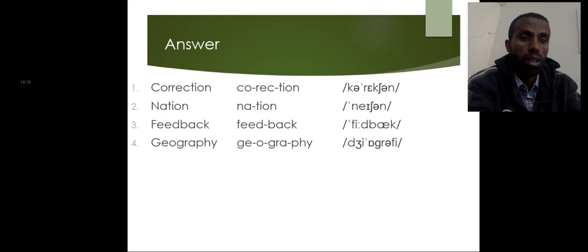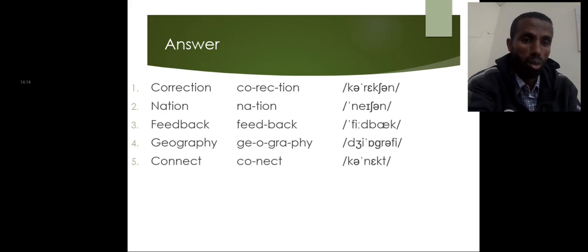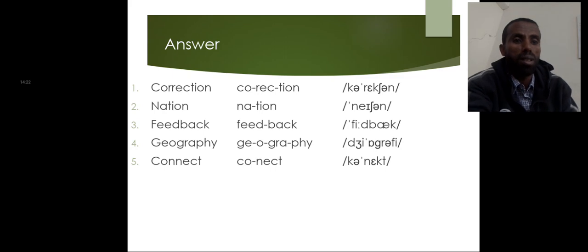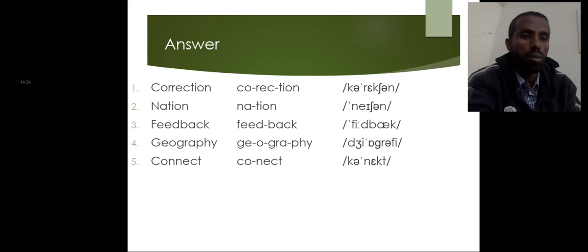Number 5, again, the way we say it is connect, but it should be connect. And how many vowels do we have here? We have 2. So we have 2 syllables, connect.